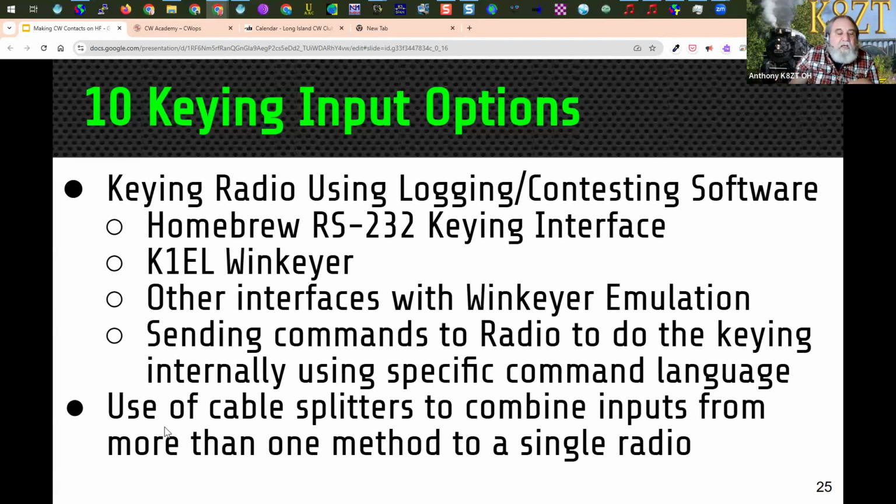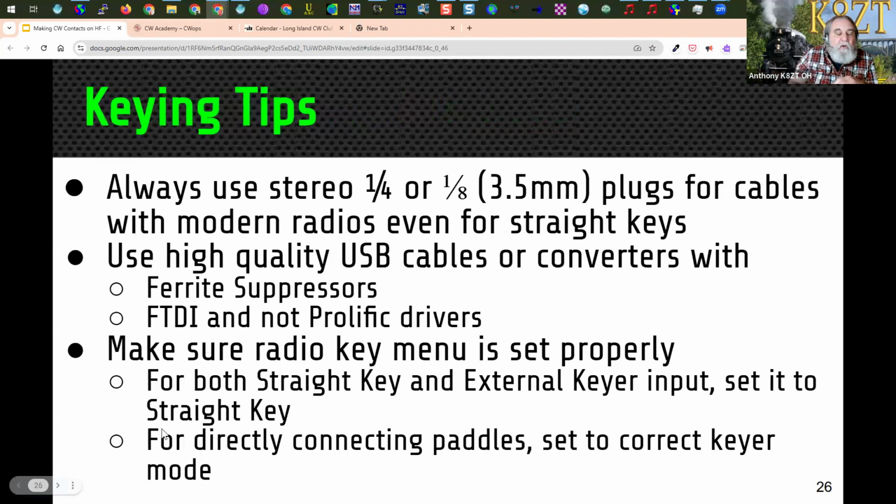What you want in that case is to make sure that your radio is set up properly to work. If you're hooking a paddle directly up to your radio and it has a built-in keyer, you need to make sure it's set to use the keyer. But if you're hooking up a straight key, an external keyer, or a bug, you need to go in and set your radio so that it thinks it's using a straight key.